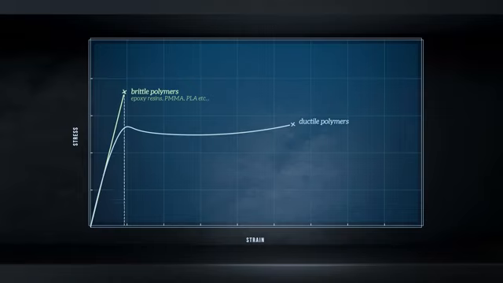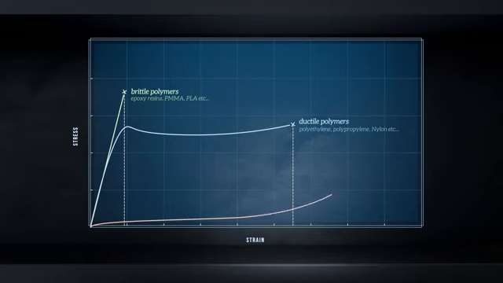Many other thermoplastics, however, exhibit ductile behavior at room temperature, undergoing significant plastic deformation before fracture. Polyethylene, polypropylene, and nylon are all ductile at room temperature. Elastomers like latex and neoprene are extremely ductile and can stretch to very large strains before breaking.